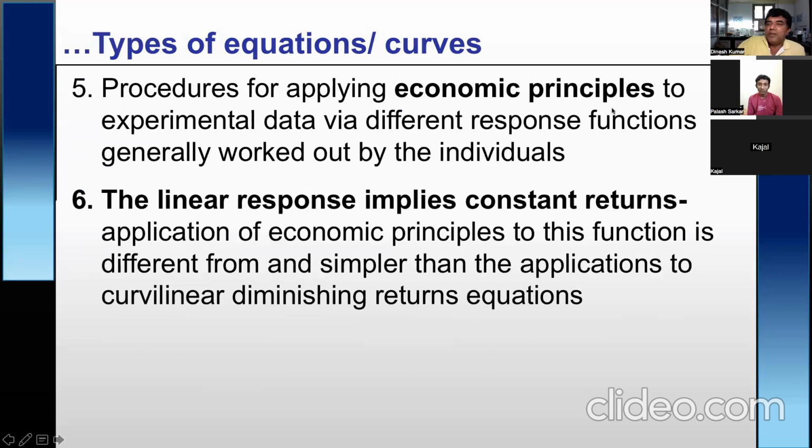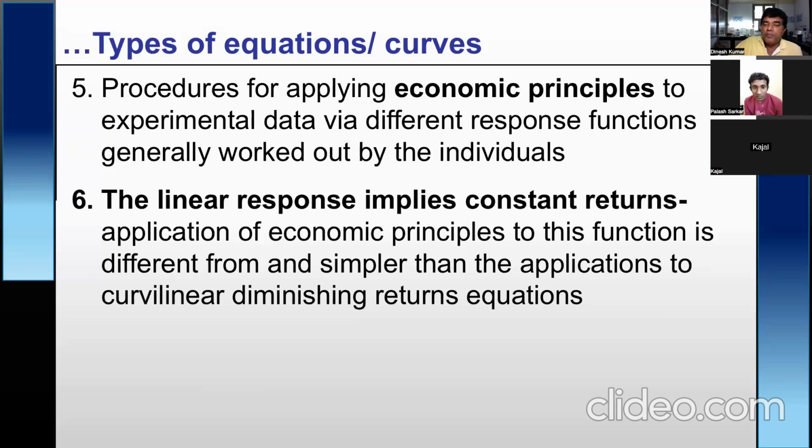Procedures for applying economic principles to experimental data via different response functions are generally worked out by the individual. So procedures are available to apply economics to the response curves to find out the optimum level of inputs. Those procedures I will explain later. The linear response implies constant returns.